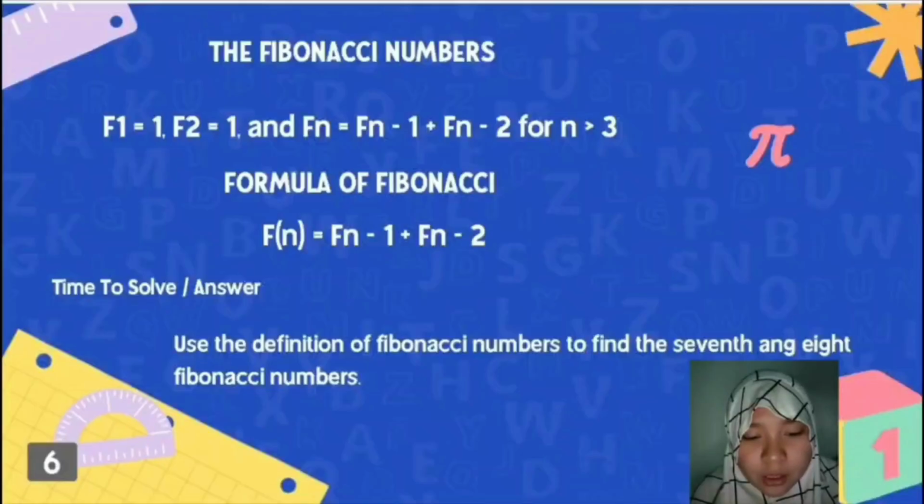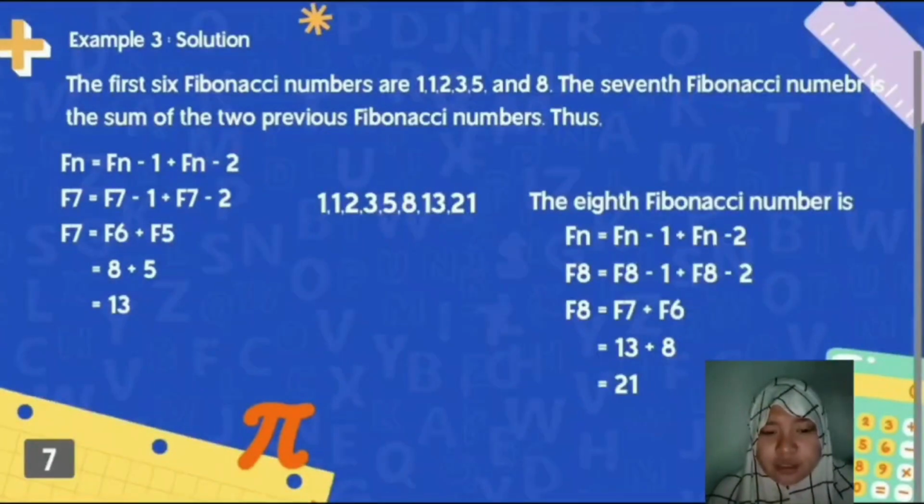So here, sabi dito, use the definition of Fibonacci numbers to find the 7th and 8th Fibonacci numbers. We have example number 3. It says here, the first 6 Fibonacci numbers are 1, 1, 2, 3, 5, and 8. The 7th Fibonacci number is the sum of the 2 previous numbers.